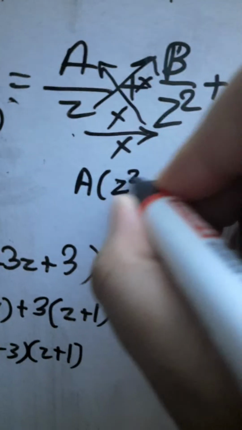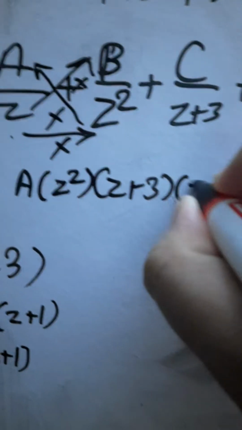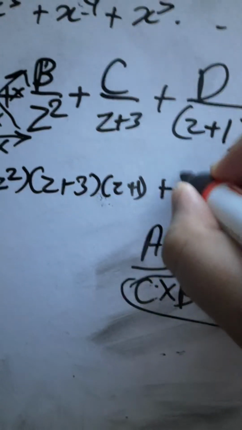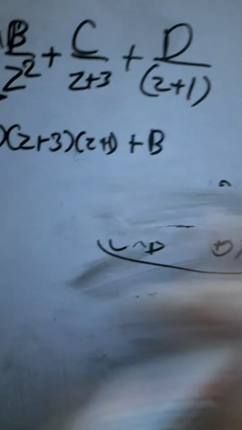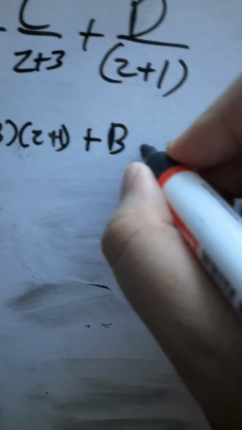So z square into z plus 3 into z plus 1, now plus b. I would have to erase this, sorry. If you had to take notes or something, then apologies. So now, to make space, I had to erase it.